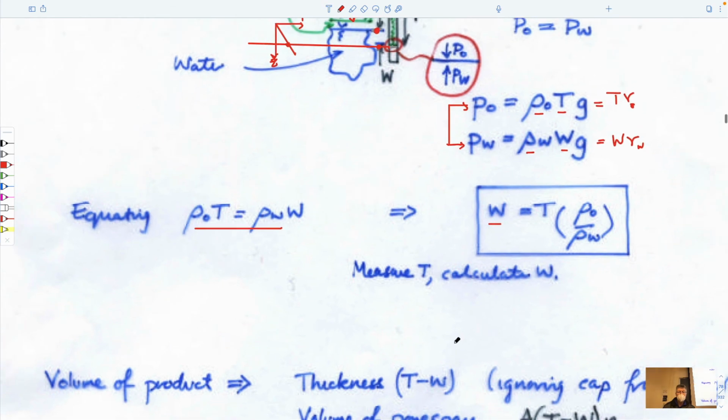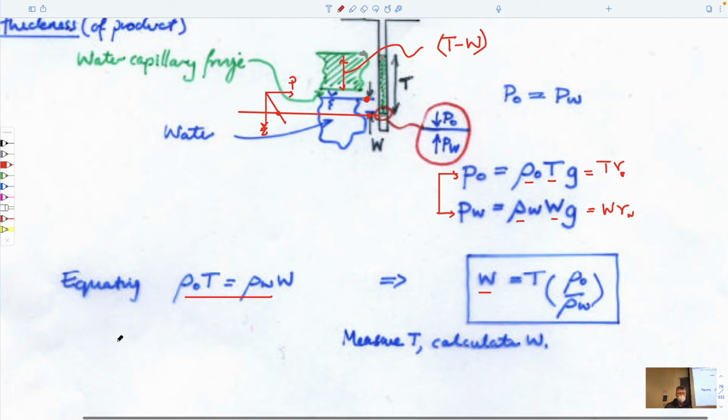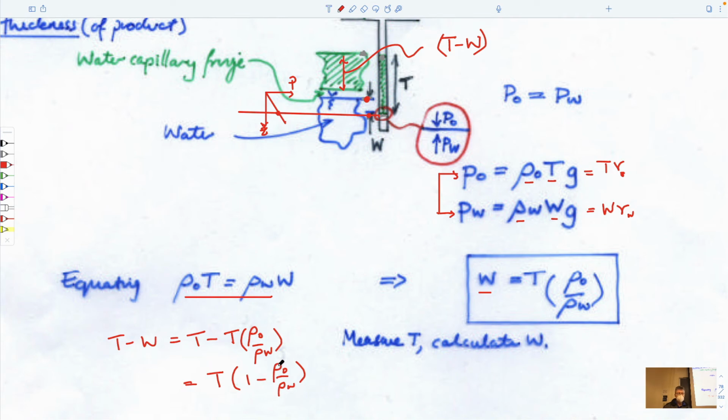And then, by definition, to get T minus W, it is equal to T times 1 minus rho o over rho W. So oil is always less dense than water, so this is always a fraction, less than 1.